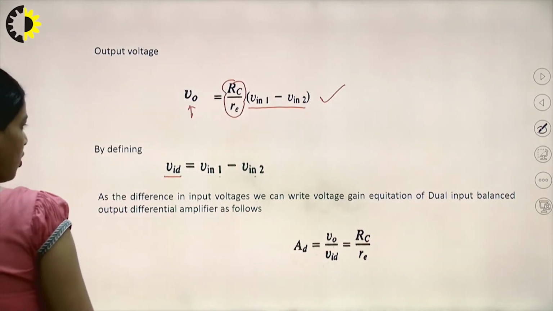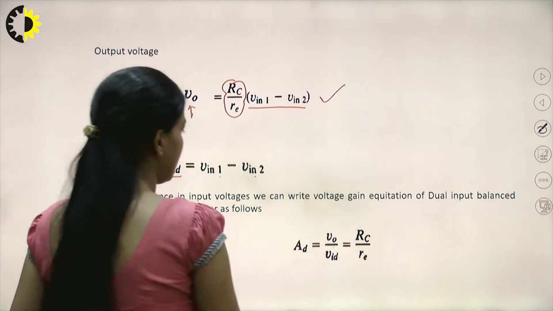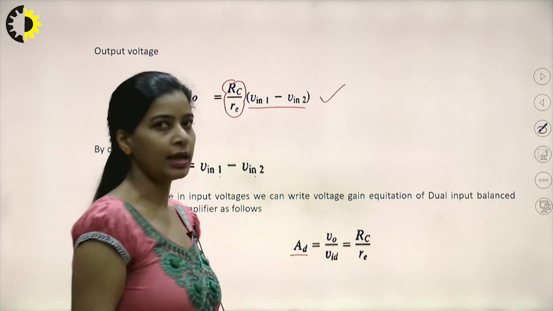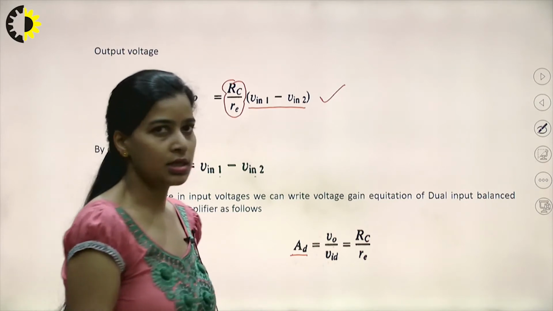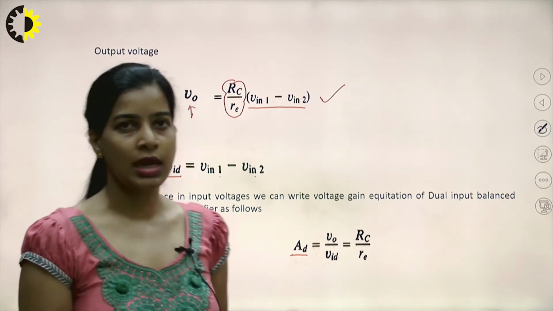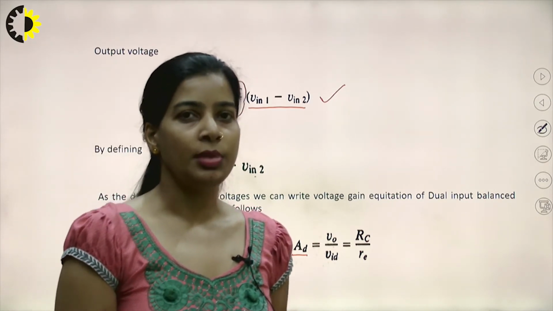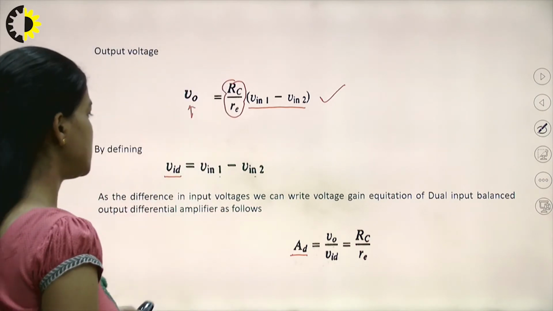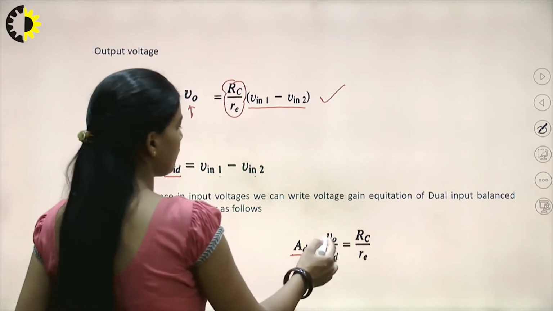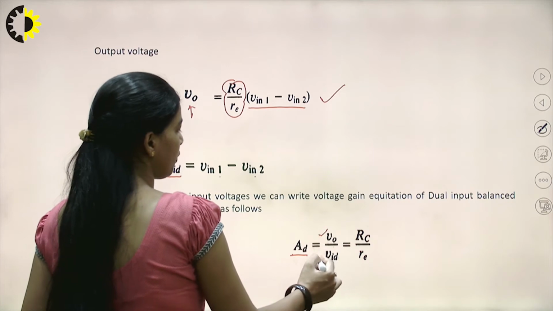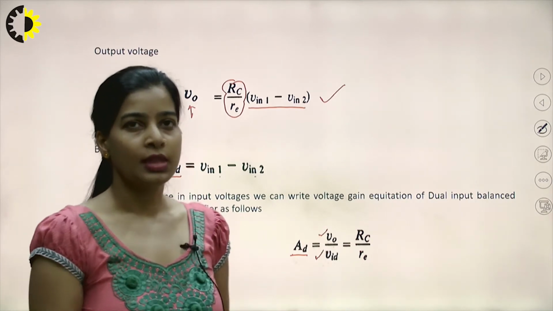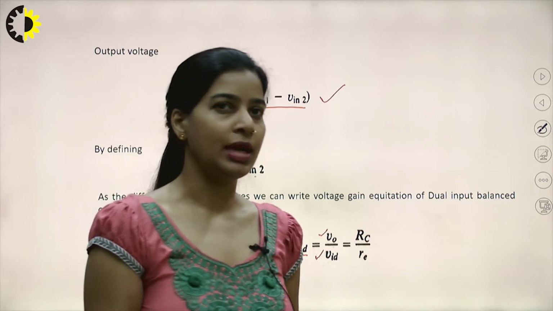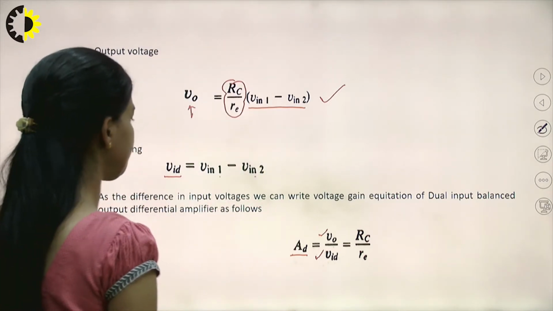The gain of this differential amplifier is represented by AD, that is the differential gain. The differential gain is the voltage gain of the differential amplifier, the ratio of output voltage to input voltage. The output voltage is V out, and the input voltage is the difference of the two voltages applied at the bases of the two transistors.